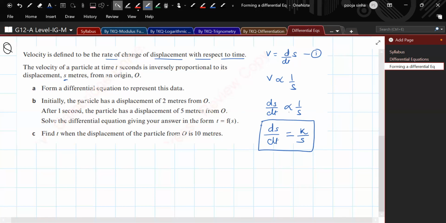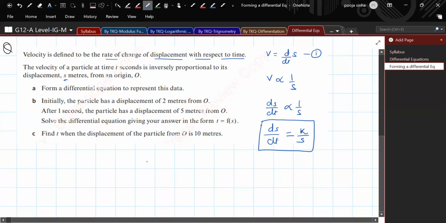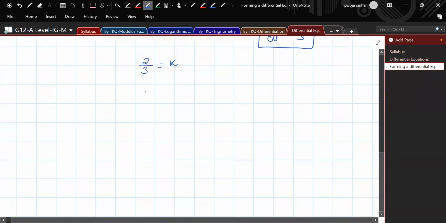So when I say something is proportional to this, you remove the sign. It's like saying, let me say 2 is proportional to 3.